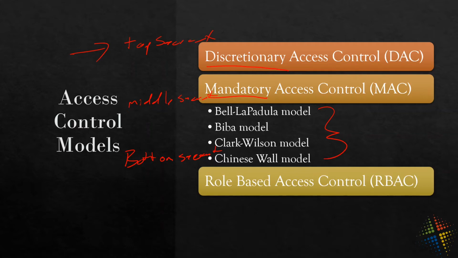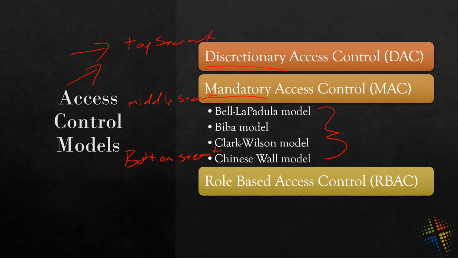So if I have top secret clearance, then I should be able to access everything that has a top secret label to it, in theory. So by the use of these labels, it helps identify what you can access and what you can't access.